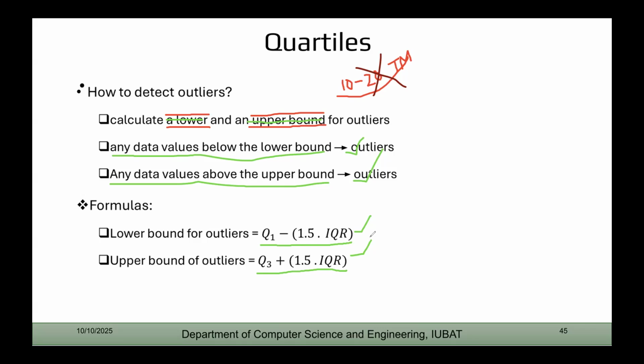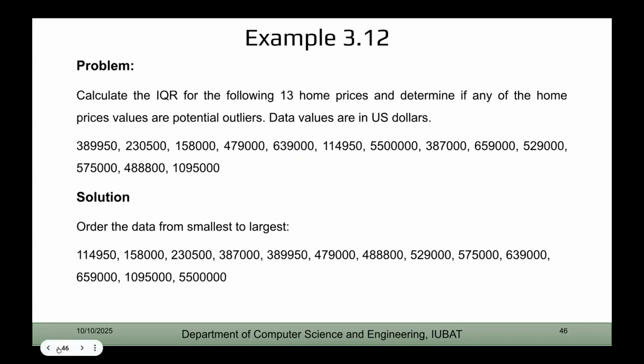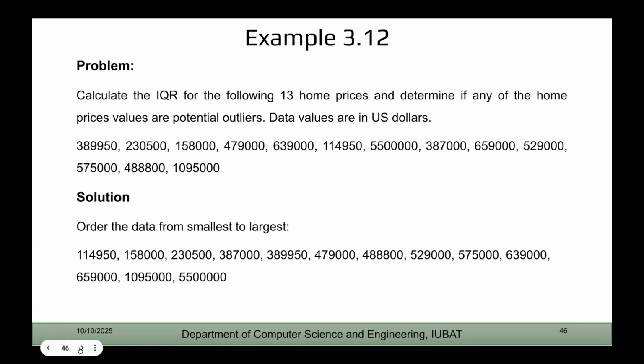Maybe this will be our last topic for today. So here, example 3.12: calculate the IQR for the following 13 home prices, and determine if any home price values are potential outliers.